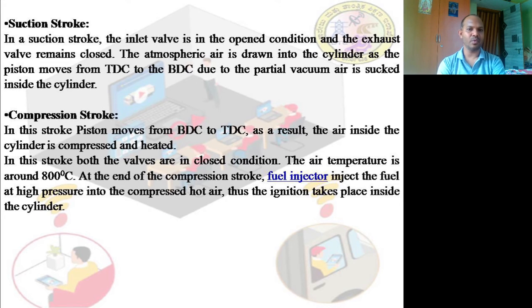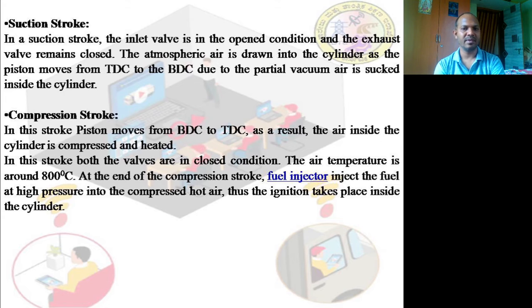The compression stroke, in this stroke, what happens? The piston moves from BDC to TDC. As a result, the air inside the cylinder is compressed and heated to a very high pressure and temperature. In this stroke, both the valves are closed.